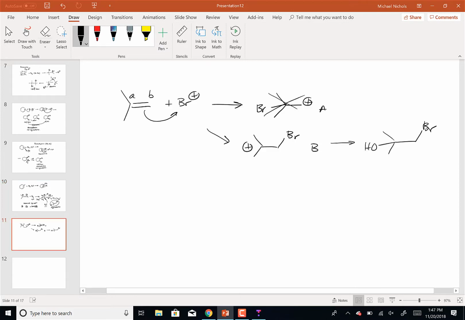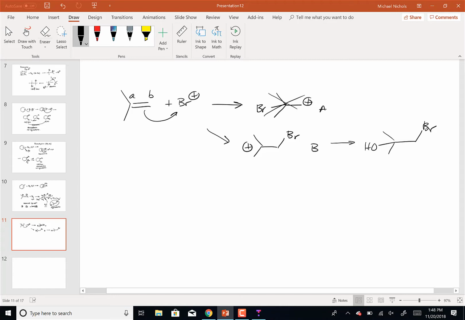Let me go back here. So Markovnikov only dealt with H's. He only dealt with H+. So the technical Markovnikov rule is that when you add H+, you add it to the carbon with the most hydrogens. And that is the strict Markovnikov rule. But I like to broaden it out a little bit and say, what's H+?